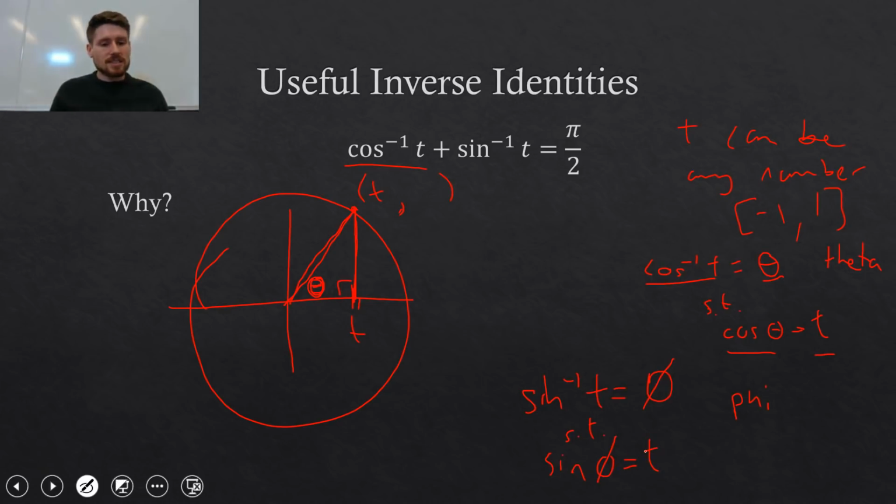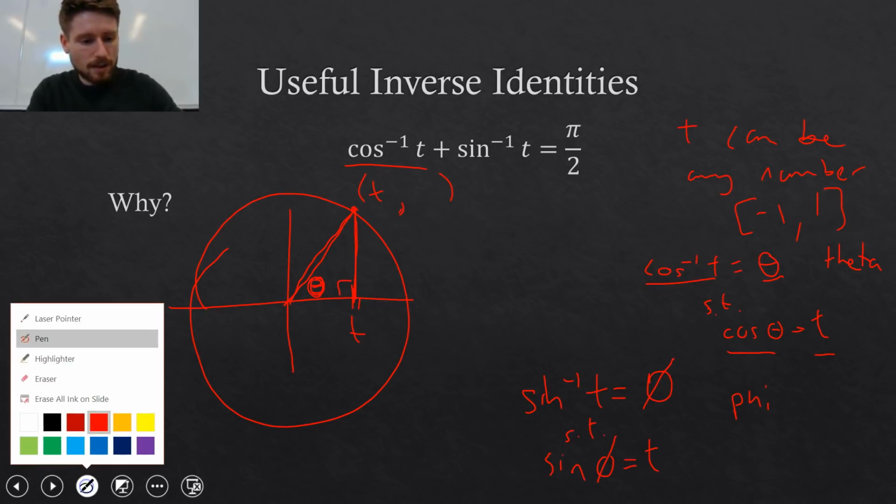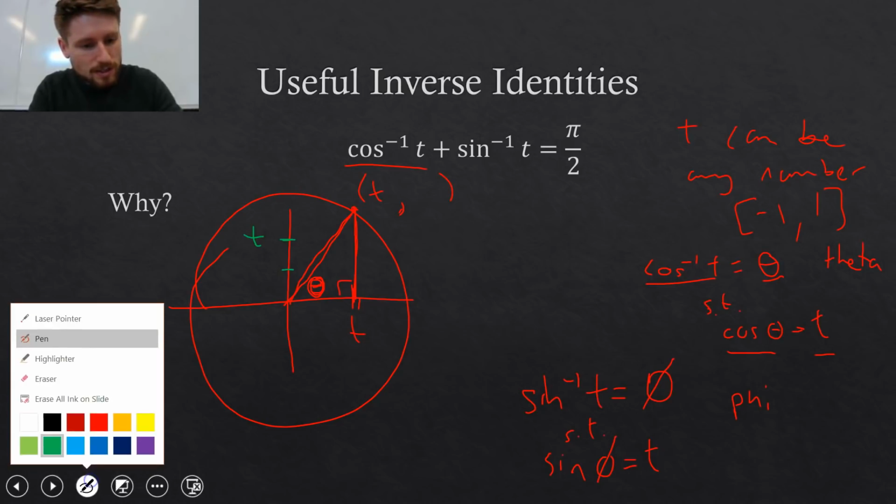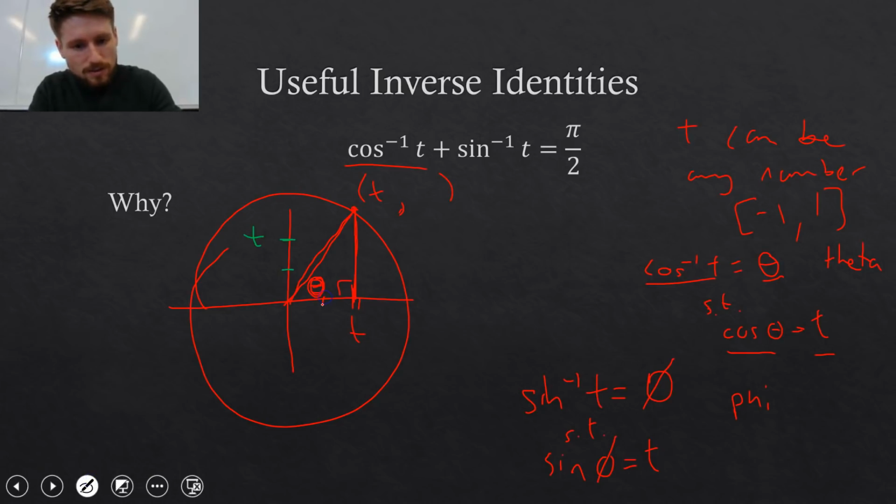So now we have a slightly different picture to draw. Here's our other picture. I'm going to need another color to keep these apart. Now, same t as before. Whatever t we picked for cos inverse, it's the same t we're picking for sine inverse. So this segment here is congruent to this segment here.